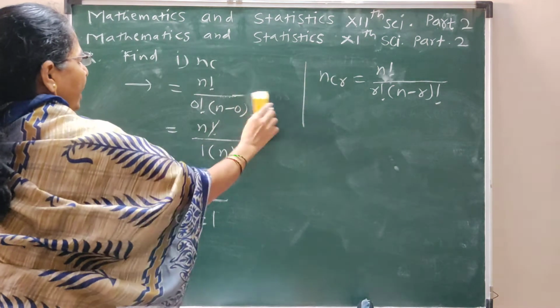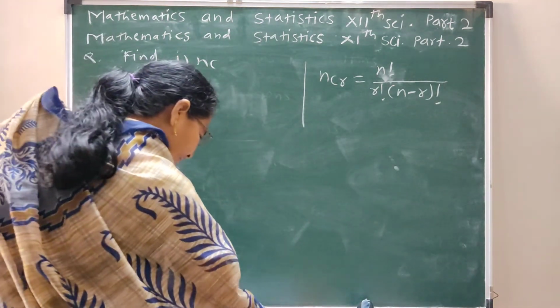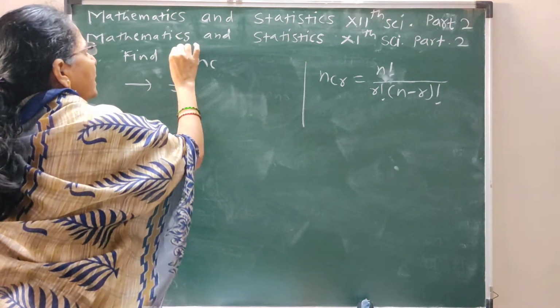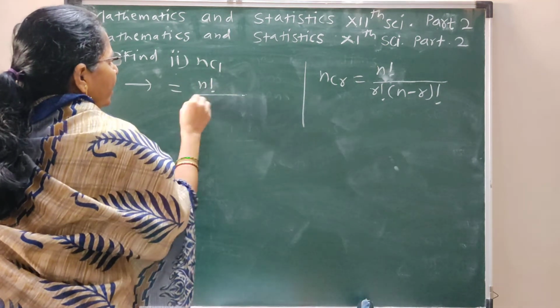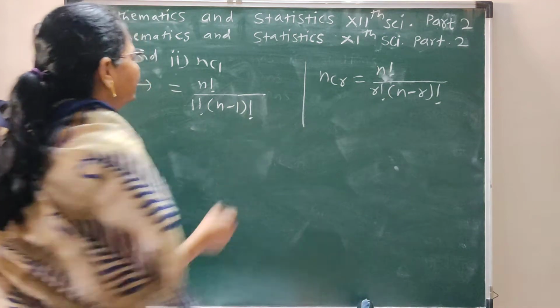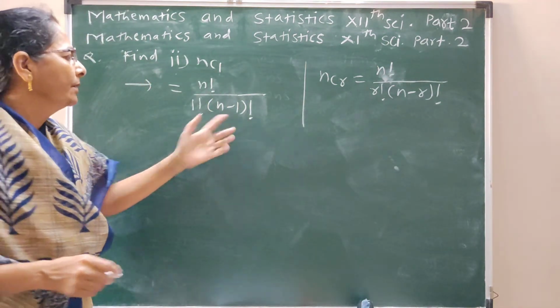Next question, find nC1. Second question, nC1 equals n factorial over 1 factorial times (n minus 1) factorial.